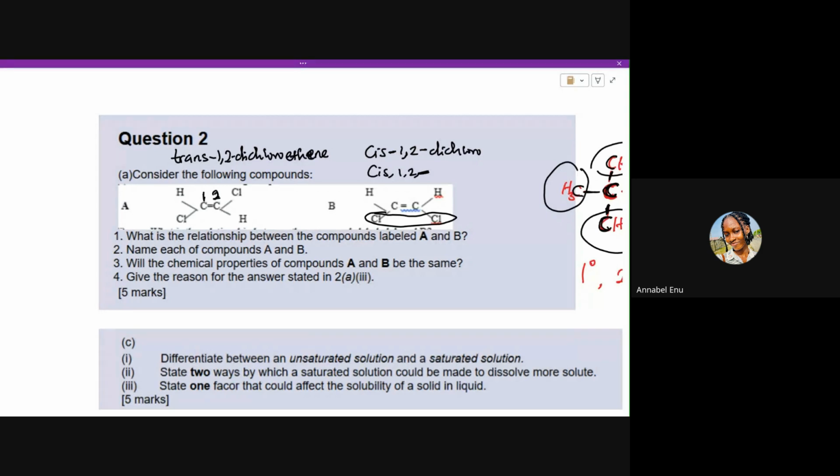Now the next question says, will the chemical properties of compounds A and B be the same? I need someone to give me a brilliant answer for this and why. Will the chemical properties be the same, and why will it be the same?